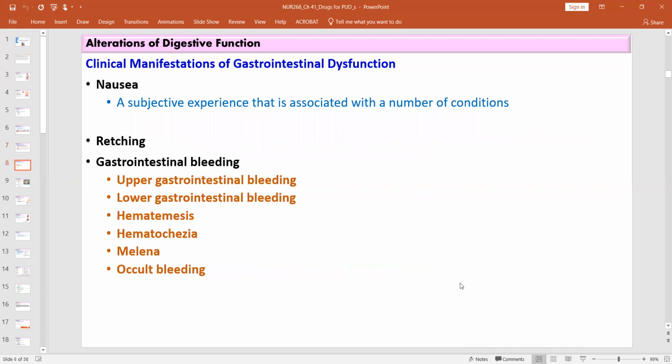Nausea is another sign or manifestation of GI disorders. The common symptoms of vomiting are hypersalivation, the excessive saliva production or secretions, and tachycardia. That's the most common symptom of vomiting.